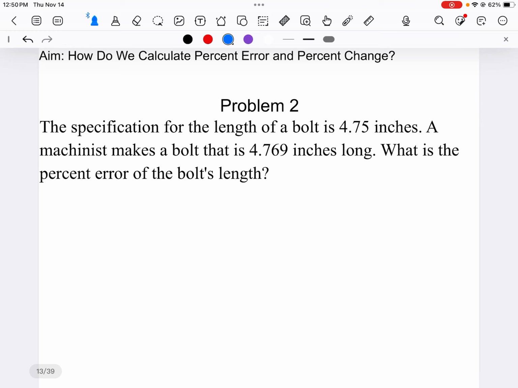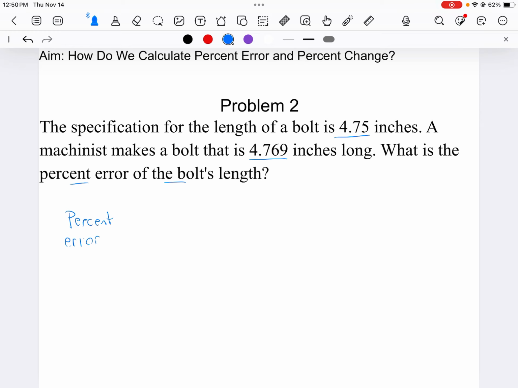The specification for a length of a bolt is 4.75 inches. A machinist makes a bolt that is 4.769 inches long. What is the percent error of the bolt's length? So since we're looking for percent error, we're going to use our formula that we just learned.